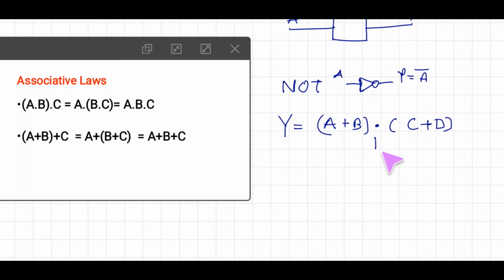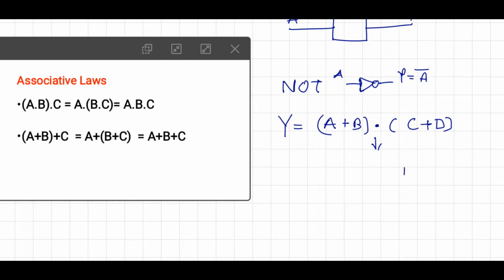Now how can we draw the circuit? Remember that in this expression two types of operators are used, AND and OR. Here is one OR operator, here is another OR operator, but the final result is the ANDing of these two.